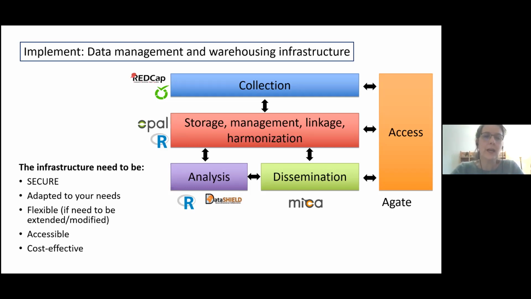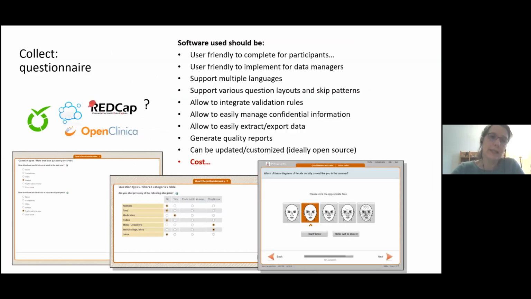Often we have big or really costly infrastructure that is not necessarily what is required to support a small project. And it needs to be flexible as well. If it costs $10,000 each time you change a comma in your data set, it's not a good idea. So it needs to be flexible and easily extendable or modifiable, and obviously cost effective.